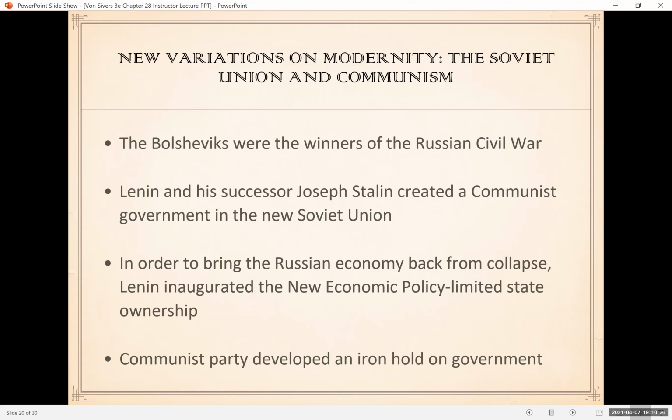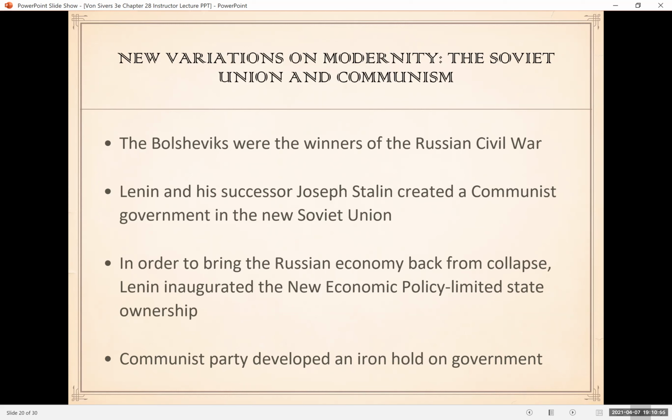And so Lenin will be forced to form a government. It's not going to fade away on him. And in fact, Lenin works out a new proposition, which he will call the dictatorship of the proletariat.